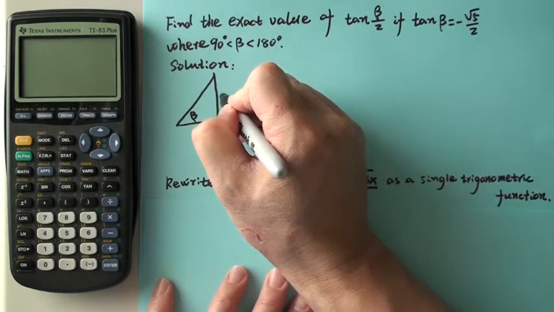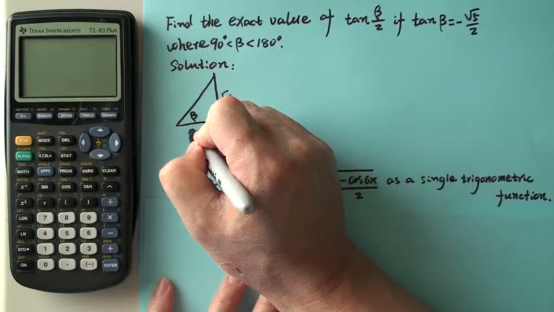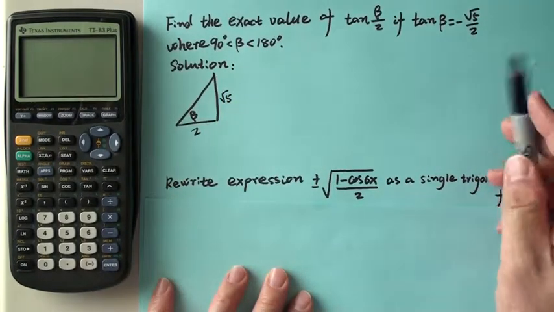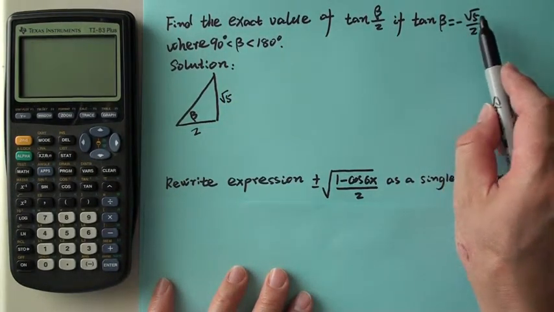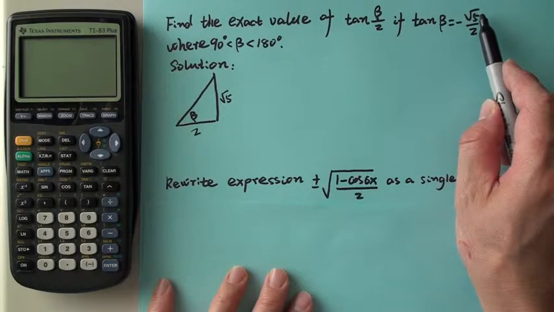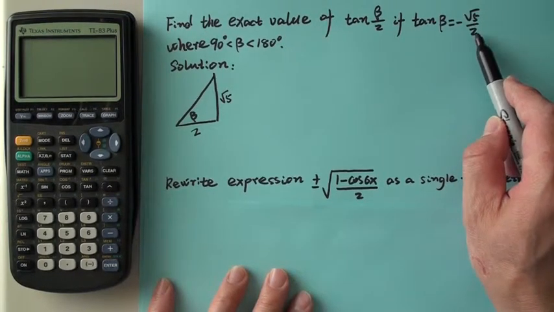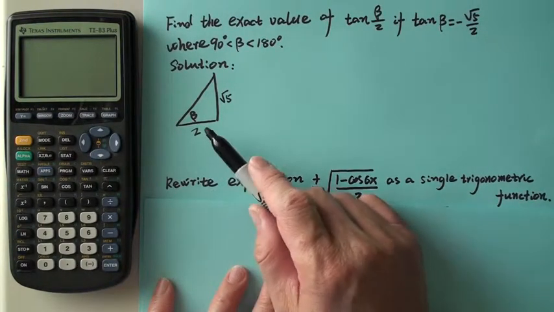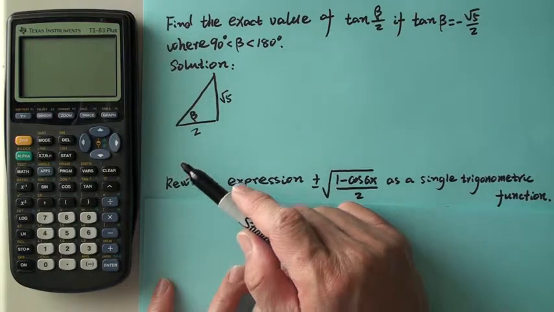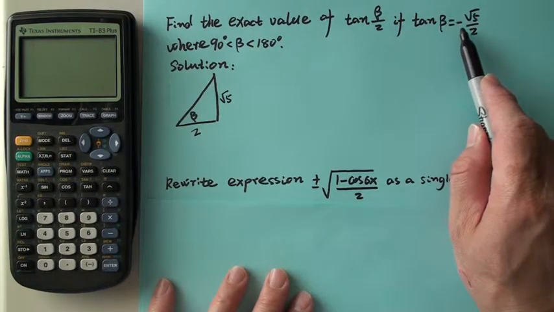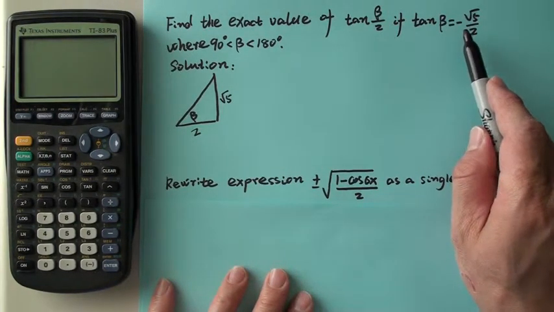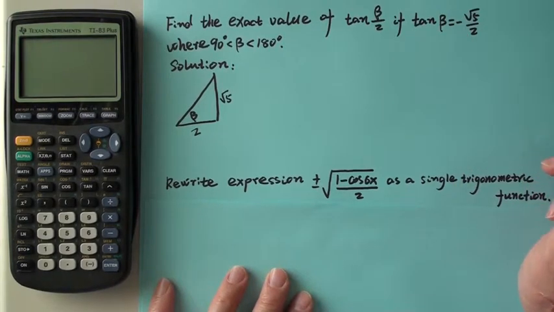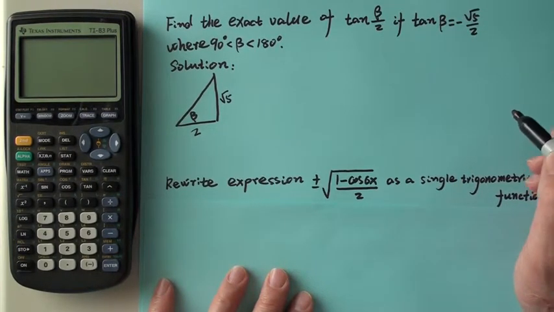Then radical 5 will be here and 2 will be here, because tangent beta is the opposite side, radical 5, over adjacent. Alright? So basically, when we try to find sine beta and cosine beta, we do not consider the sign first. Then later on we have to add the sign. Okay?